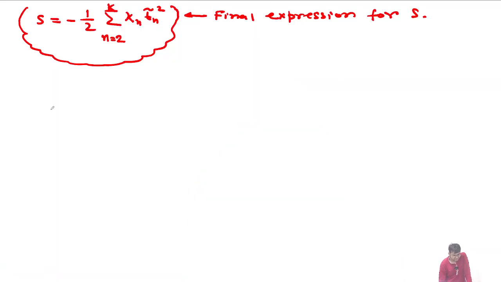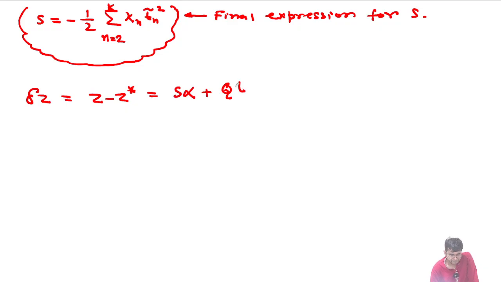We started with delta z is equal to z minus z star. This is where we started, right? And this was equal to what? S alpha plus q t. Correct? By the way, that S we derived from which expression? The above one.